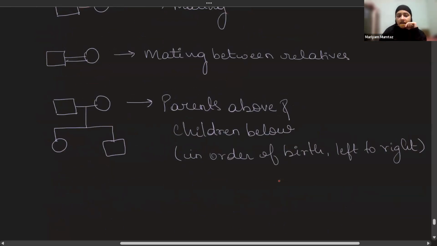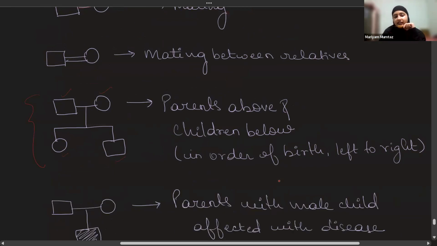Now, this is how you would define the proper chart or the family tree. Here these are the parents, and from the parents these are the offspring. Always remember that the order from left to right is the order of birth. So here the female is born first and then the male is born.